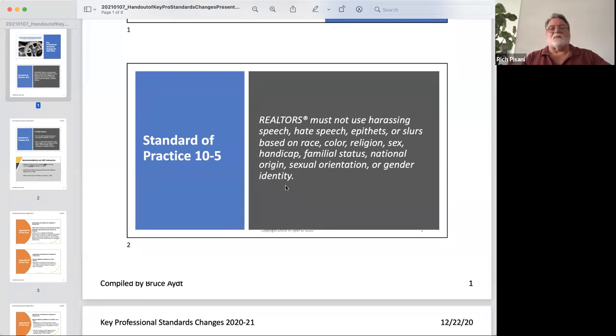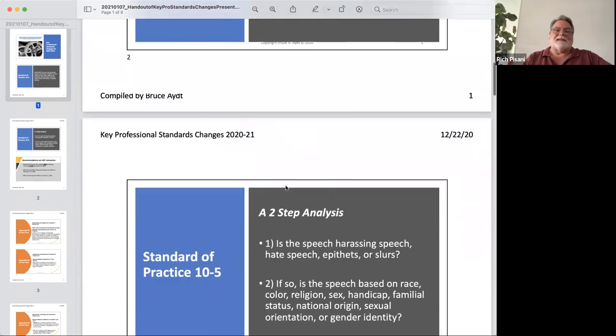So this is what the standard of practice says. 10.5: you must not use harassing speech, hate speech, epithets, or slurs based on race, color, religion, sex, handicap, familial status, national origin, sexual orientation, or gender identity.